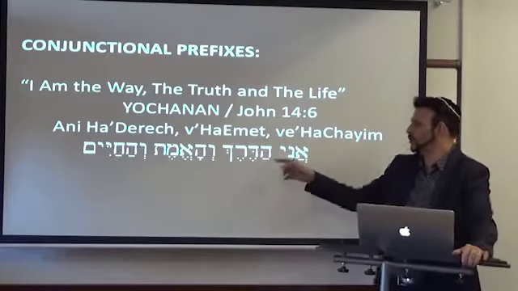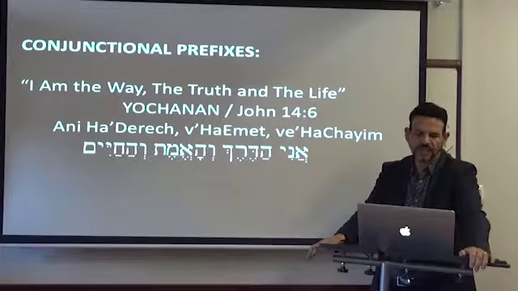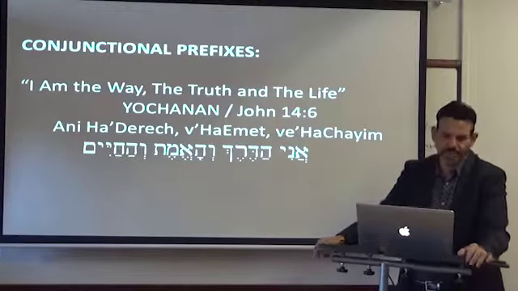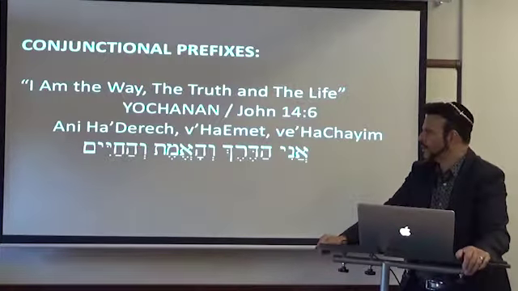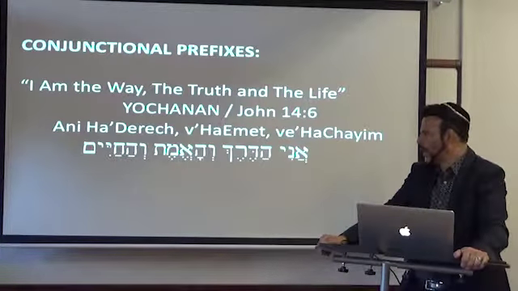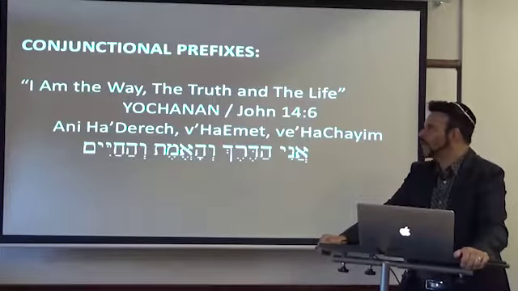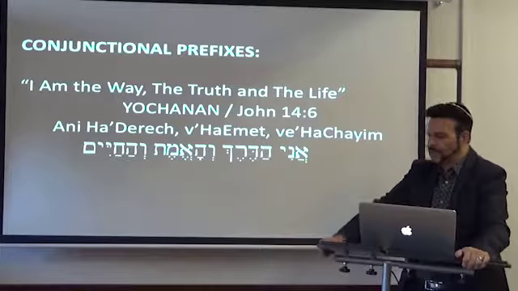The letter hey in front of a word with a corresponding vowel is going to give me "the." It's going to make it definite. Okay? So ani, haderech, ve'ha'emet, ve'ha'chaim. I am the way and the truth and the life. Okay, so that's the statement in the Hebrew text.